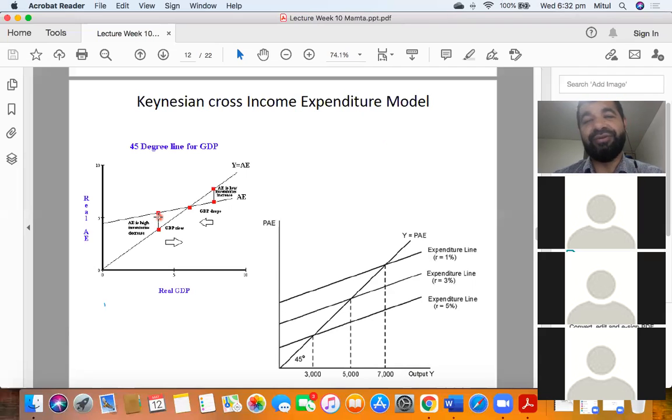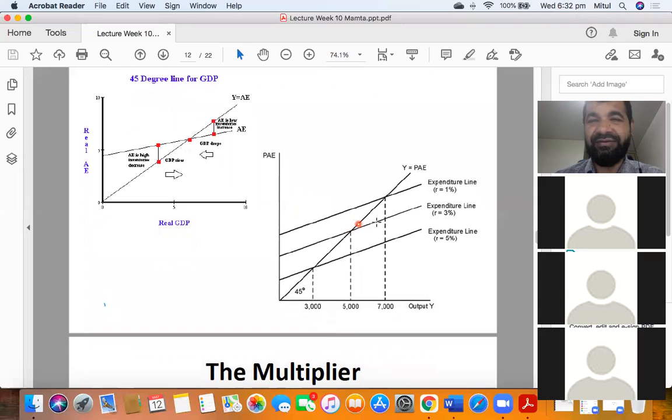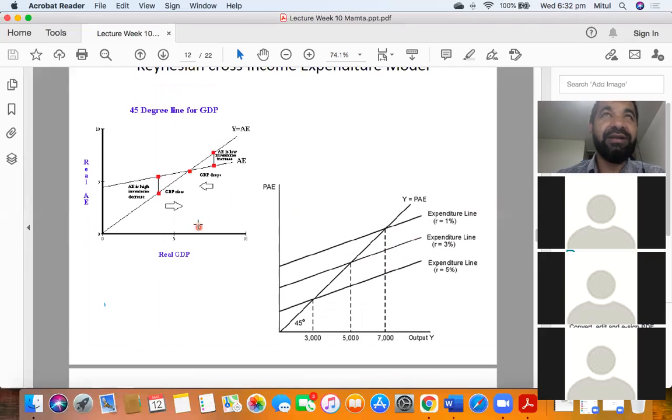The stock of goods. The inventories are the stock of goods in there. And if you see here, this one we already explained. So this says GDP will rise if your real GDP increases, and on this side GDP drops.